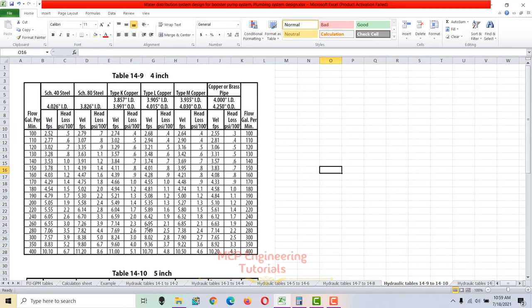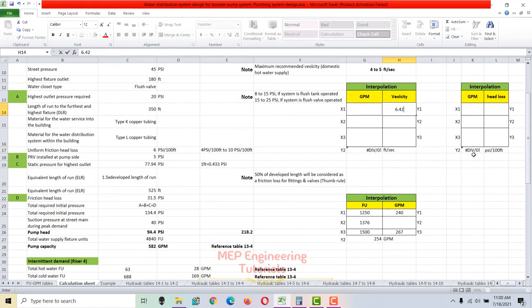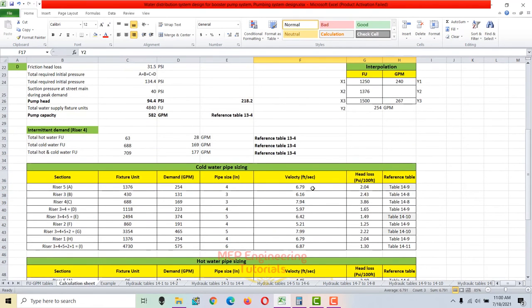So we will use the interpolation formula to get the value at 254 GPM. How much is the velocity calculated at 254 GPM? That is 6.79 feet per second, as you can see here.